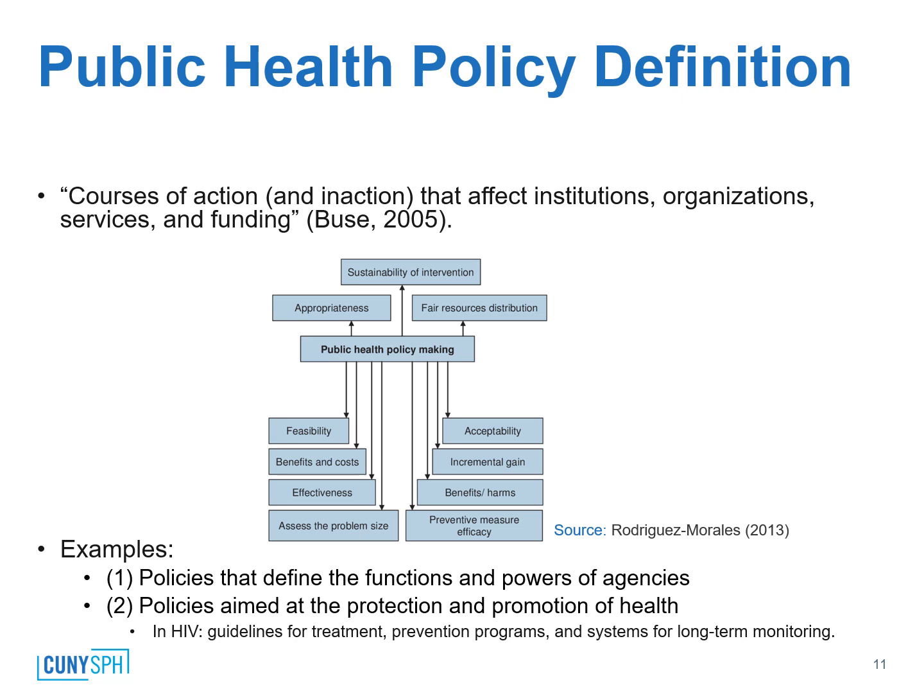Now, narrowing in, public health policy includes the courses of action and inaction that shape health institutions, organizations, services, and funding. Some policies define agency powers and responsibilities, others aim directly at the protection and promotion of health.